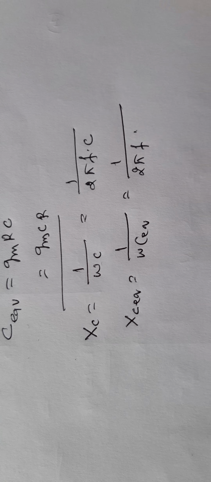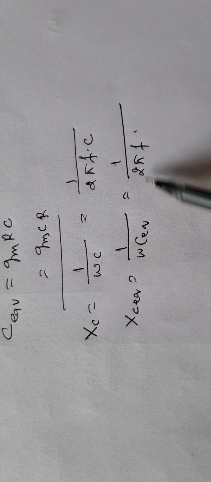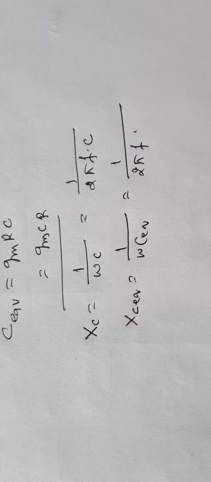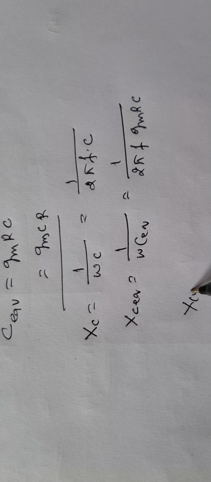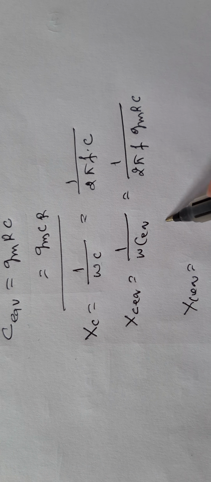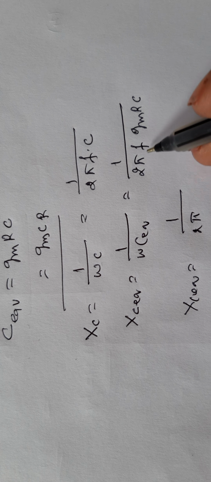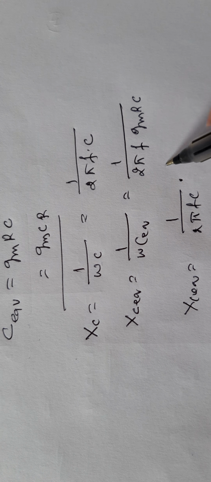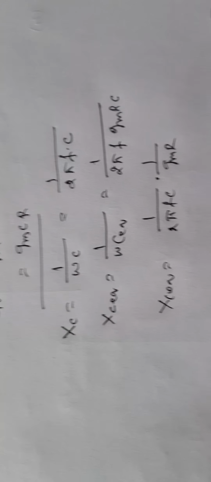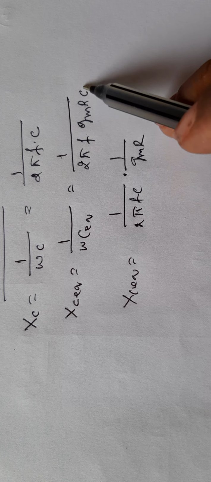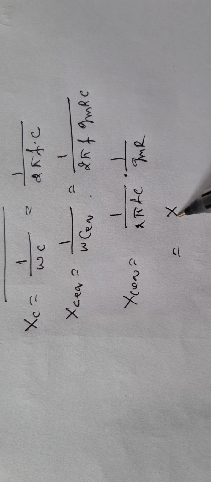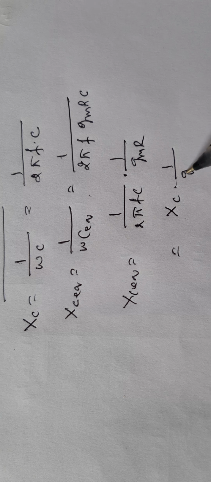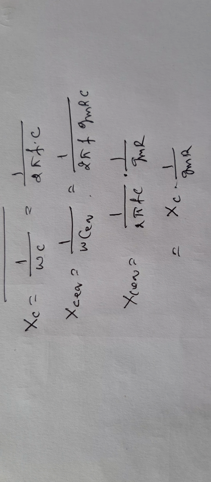We know that omega is 2 pi f and C equivalent is gm R C. I will consider this as gm into RC. So Xc equivalent is equal to 1 over 2 pi f C into 1 by gm R. Just I will rearrange this: 1 over 2 pi f C is Xc, into 1 by gm R.